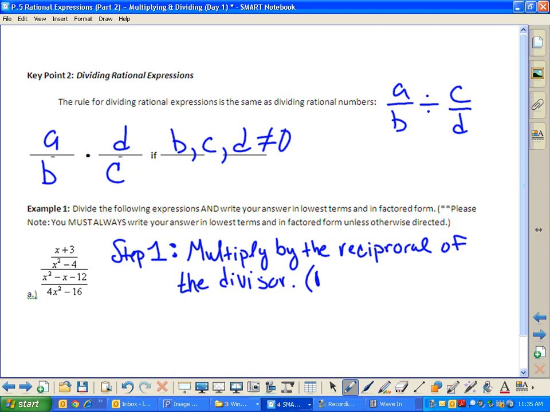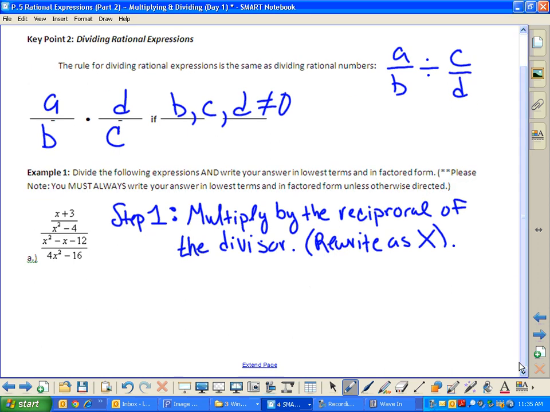In other words, I'm going to rewrite this problem as multiplication. It's like a clerical step, I literally just rewrite the problem. So there's my numerator. And I have to rewrite it as multiplication by the reciprocal of that divisor. So I have to flip that fraction on the bottom there.